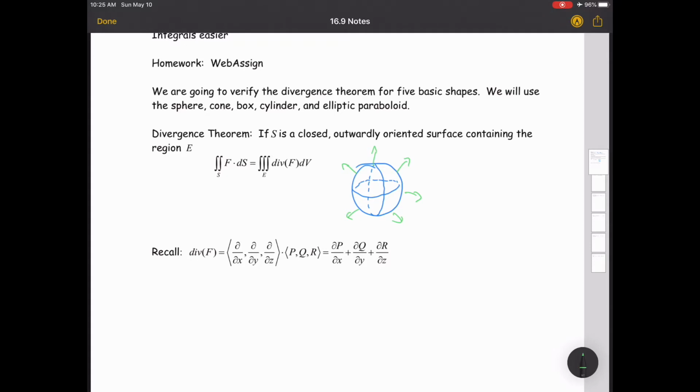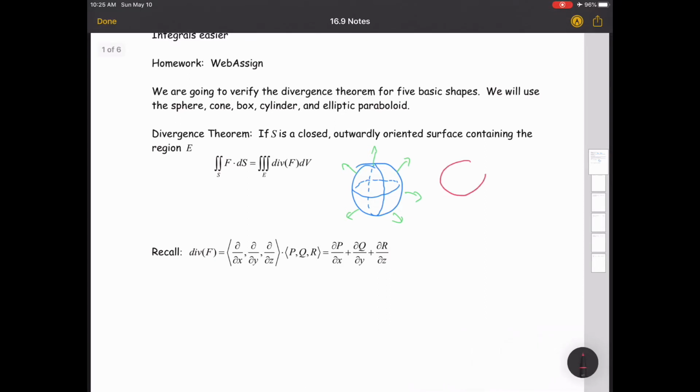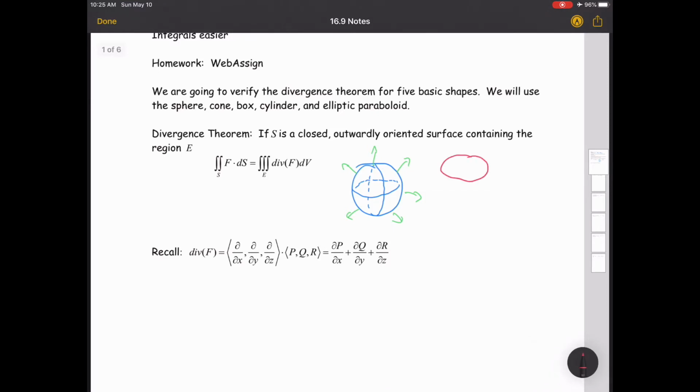But what if we had a surface that was a cylinder? Okay, that's not going to look like a cylinder. A little bit better. So what if we had this surface which was a cylinder? Now, this surface can be closed as long as we include the top and the bottom, but it doesn't have to be closed, because we could have just the outside part of the cylinder.